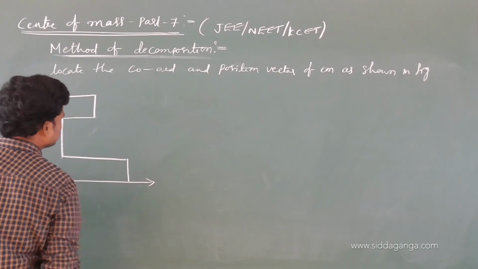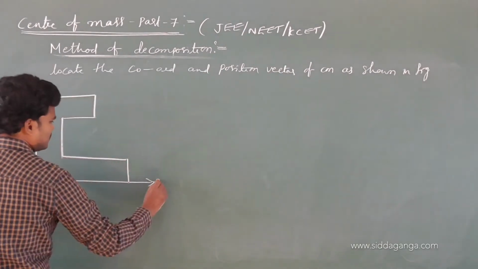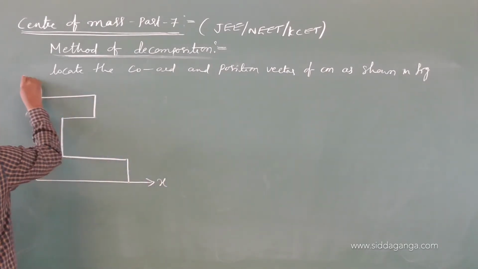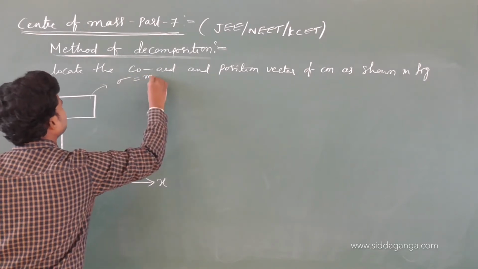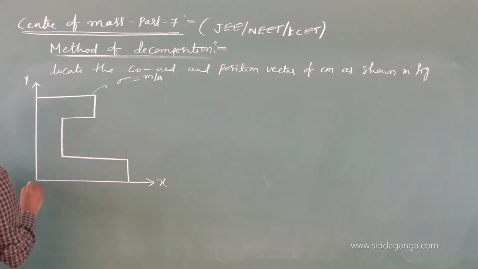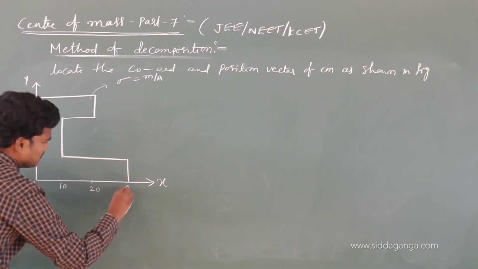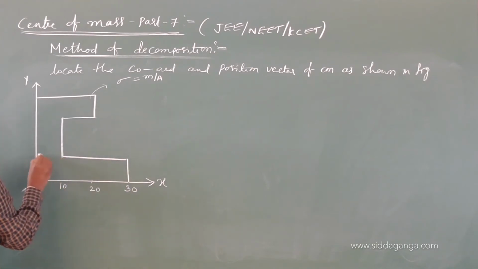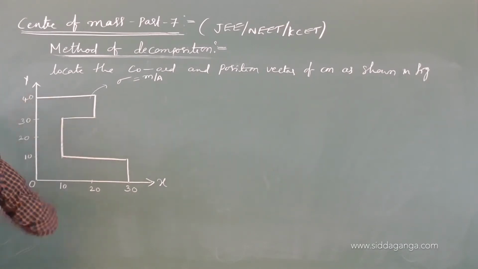Okay, whatever may be the diagram, I am just using the given data. They may give any type of model. So here sigma is given, sigma is the mass per unit area, the areal density. They gave the numbers 10, 20, 30 and 10, 20, 30, 40.